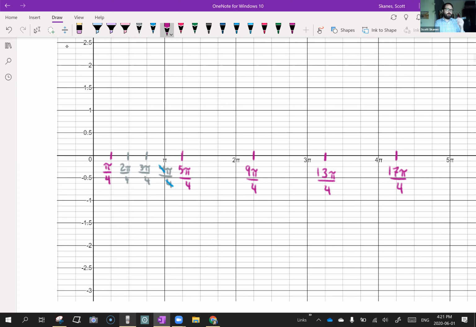If you're not sure where they're coming from, just pay close attention right now. Every single one of these jumps is pi over 4. So we have pi over 4, 2 pi over 4, 3 pi over 4, 4 pi over 4, 5 pi over 4, 6 pi over 4, 7 pi over 4, 8 pi over 4, and so on. Just keep counting up until you get the numbers that you need.